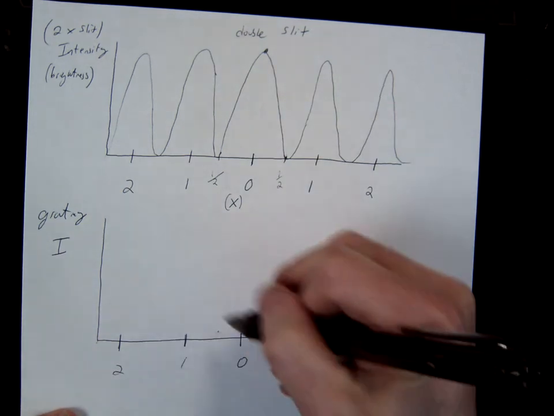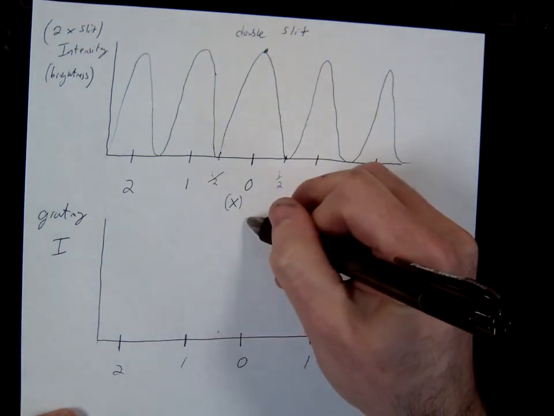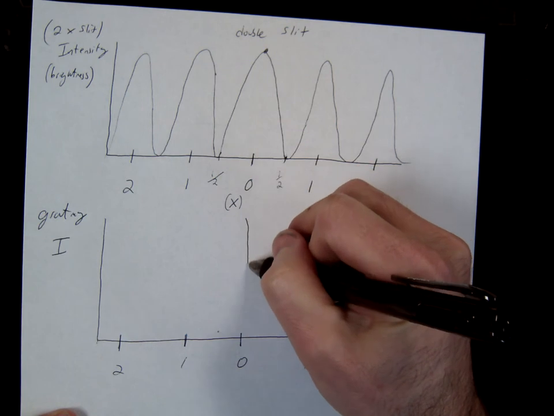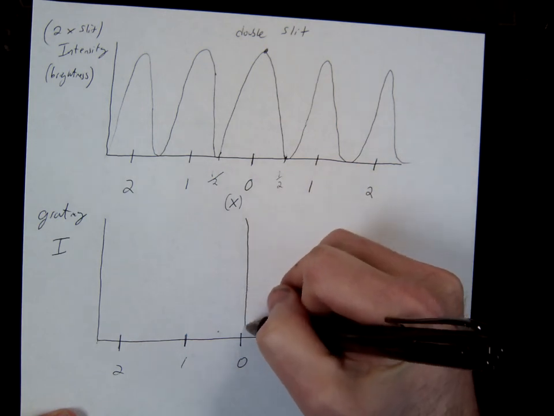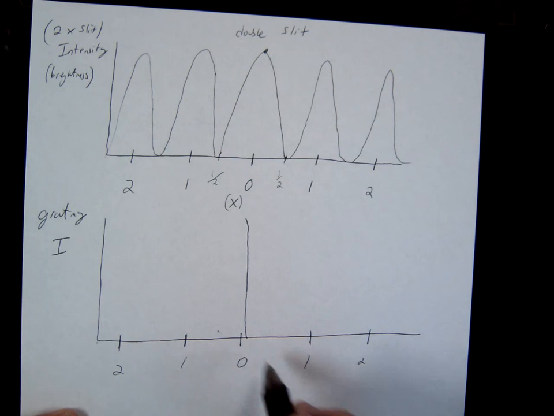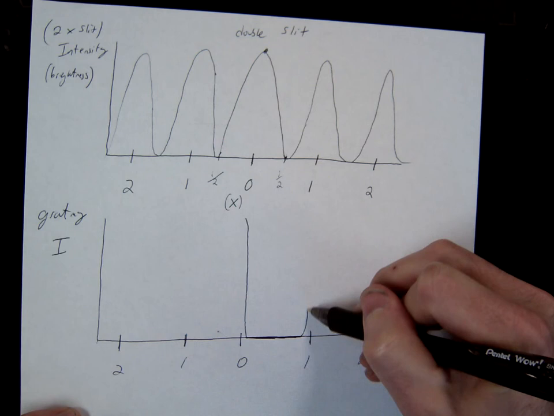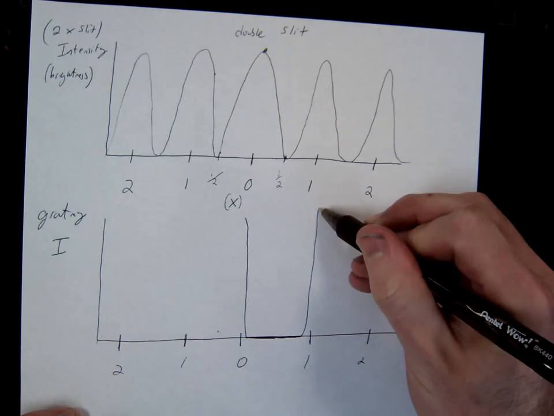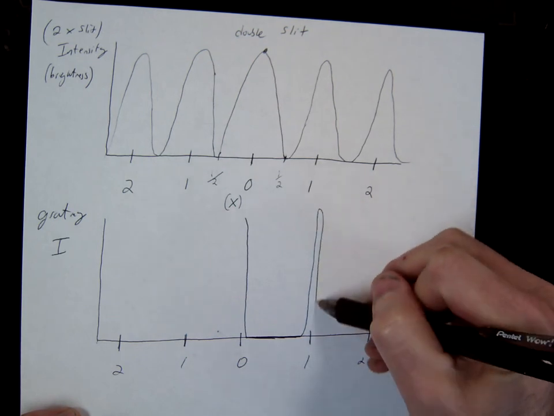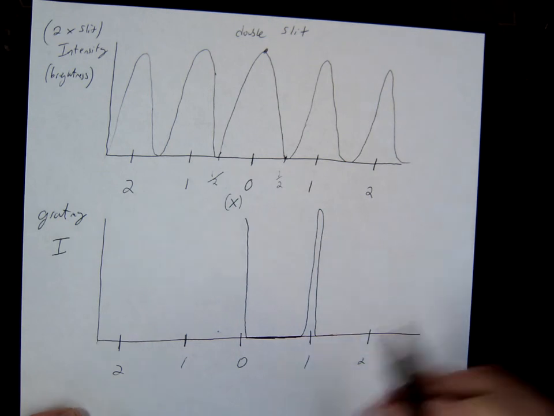So for this one, there's so much destructive interference that it just drops, and then all the way through here, this whole region is all destructive interference, and then it's going to get bright and then again immediately drop down.